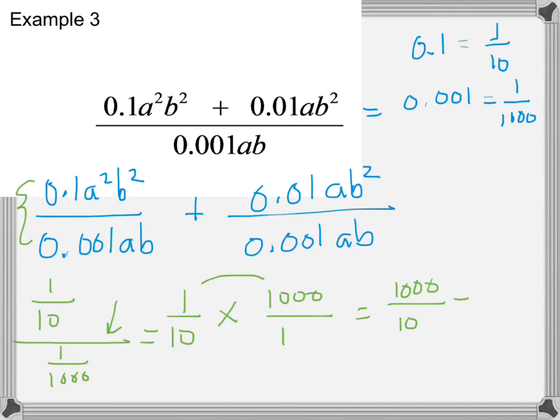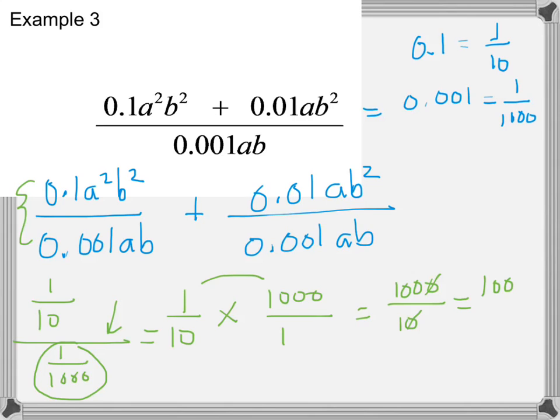So now we just have 1,000 divided by 10. So let's cancel the powers of 10 we have here. This 1,000 is 3 powers of 10, and 10 is 1 power of 10. We can cancel powers of 10 by canceling out their zeros. So now we have 100 divided by 1. Well, that's just 100. So in essence, there are 100 1/1000ths parts in 1/10.